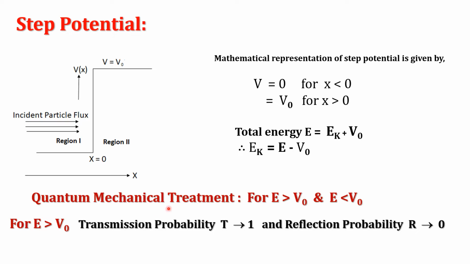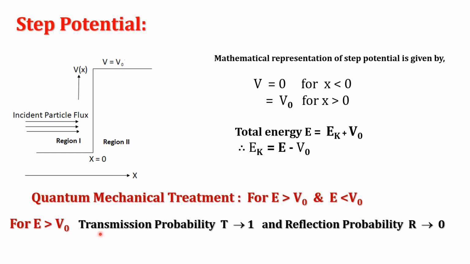But the quantum treatment shows transmission probability reaches maximum, while reflection probability reaches minimum, that is R tends to 0, that is partial transmission and partial reflection for E greater than V0.